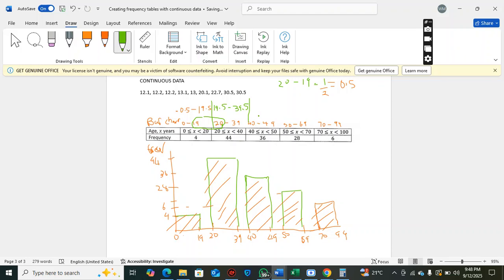Next one, 40 minus 0.5 is 39.5, and 49 plus 0.5 is 49.5.